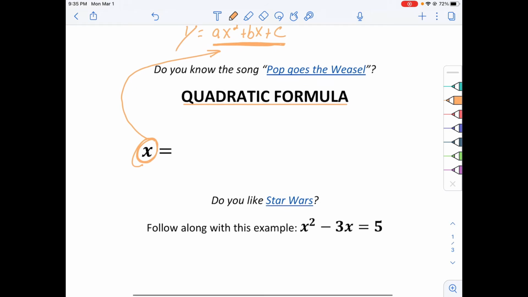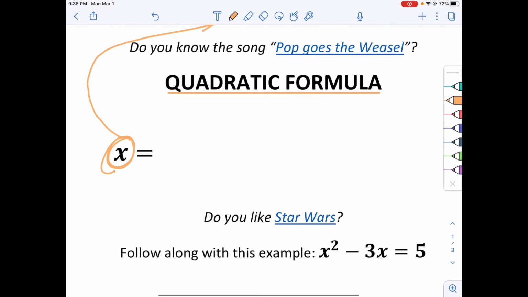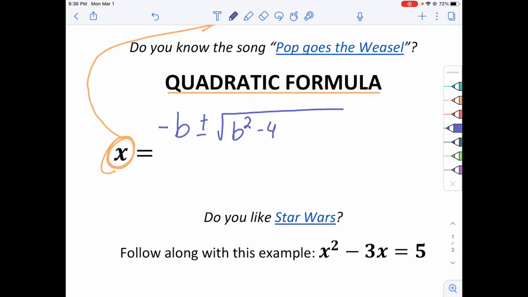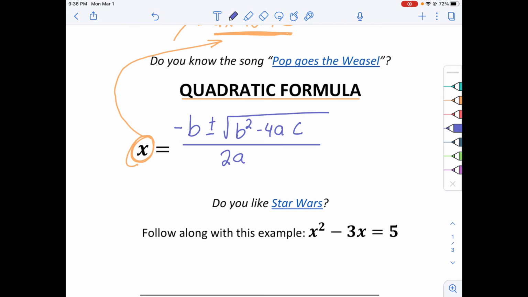So what is the quadratic formula? The quadratic formula is really long and intimidating, but don't worry. There's some songs you can listen to for you to memorize the quadratic formula. So it starts like this: negative b, and then plus or minus a big square root, and then we say b squared minus 4 times a times c, and then that entire thing that we just wrote in the top is getting divided by 2 times a.